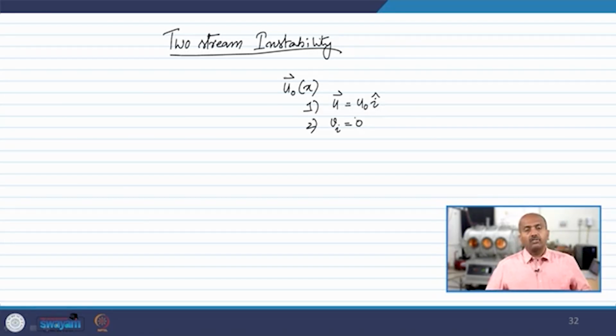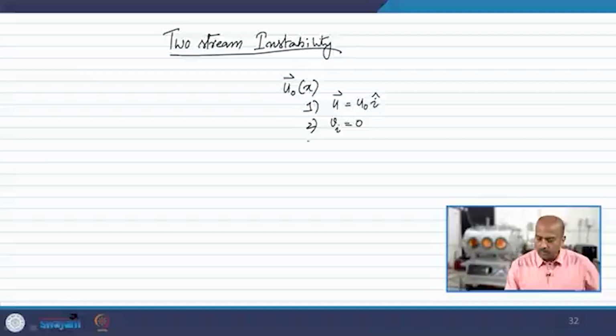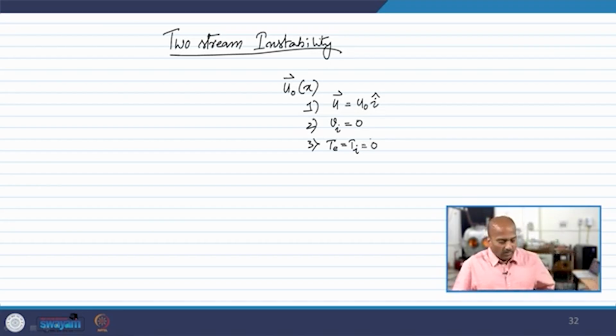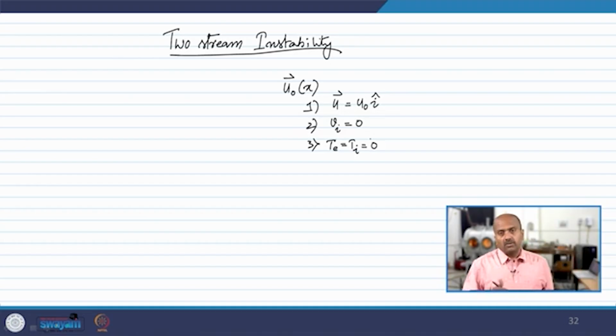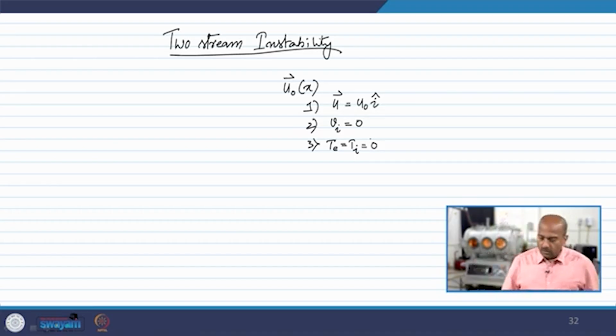So, where do we start? We start with the fluid equations, and for simplicity we will also assume that for both the fluids Te and Ti are equal to 0. It is the classic case of a cold plasma. So, we will start with the linearized governing equations and we will try to couple these equations to get a solution. Okay. The linearized equations are something that I have done multiple times, so I take the liberty of directly writing the equations, but you must remember the process.